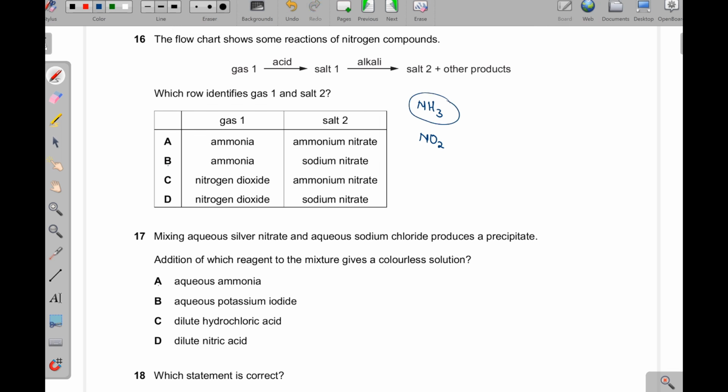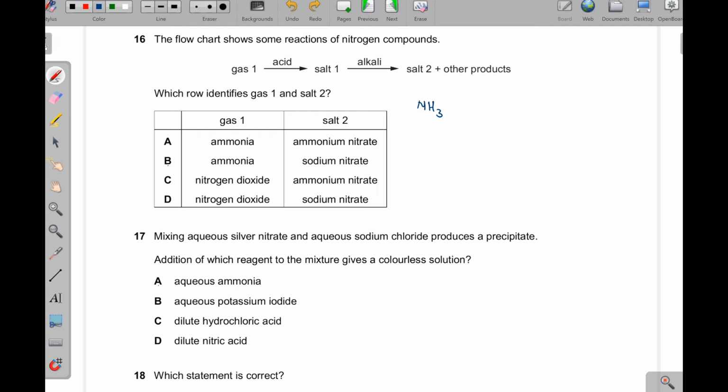Then ammonia, you are getting a weak base solution, that we call ammonium hydroxide. Now, when you look at this one here, this is an acidic gas, it cannot react with an acid. That means the gas has to be ammonia. So I'll put off this one here.